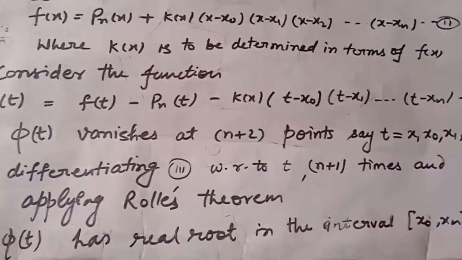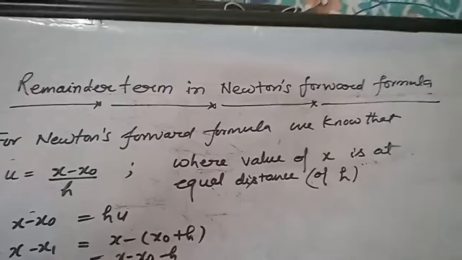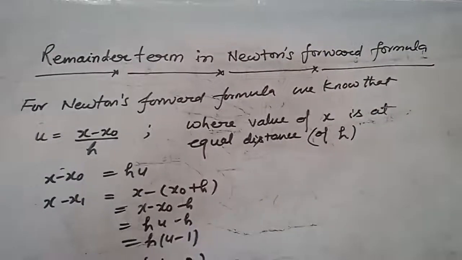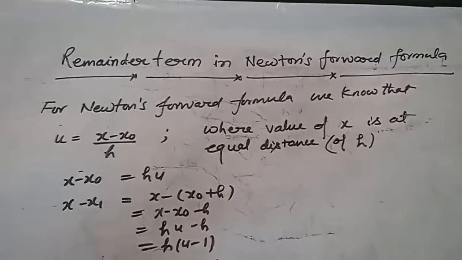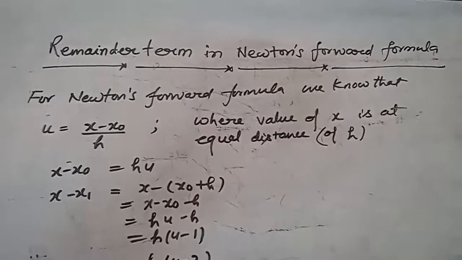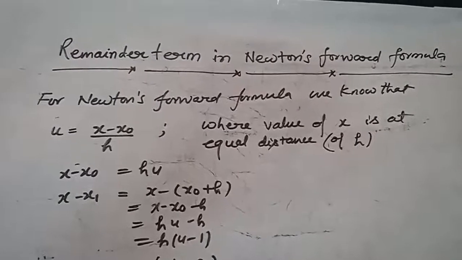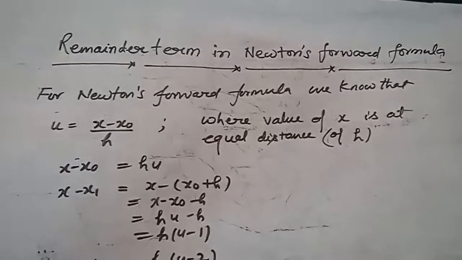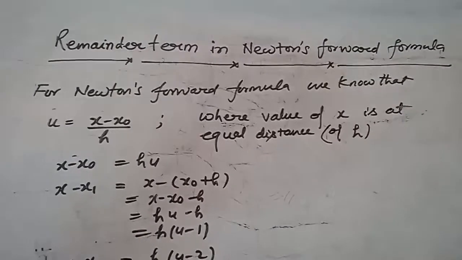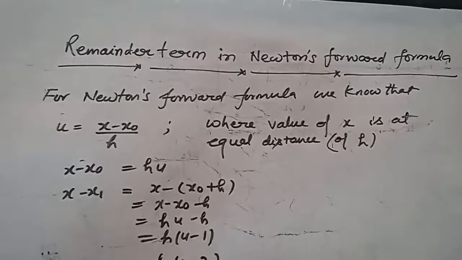We get, now next topic is the remainder term in Newton's forward formula. For Newton's forward formula, we make the substitution u equals (x minus x0) upon h, where the values of x are equally spaced. Spacing is taken by h. x1 equals x0 plus h, x2 equals x1 plus h.